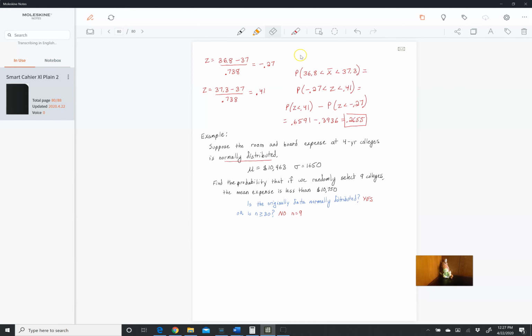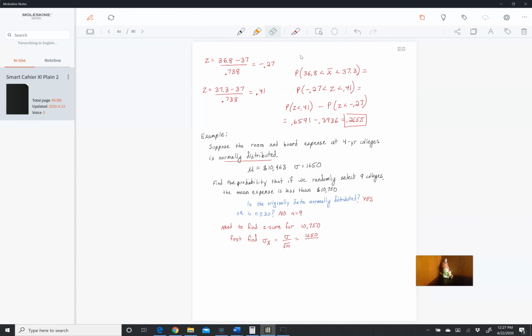So, same thing. We need to find the z-score for 10,750. In order to do this, we first find the standard deviation of the sample means, which is standard deviation over square root of n. And standard deviation was given to us.